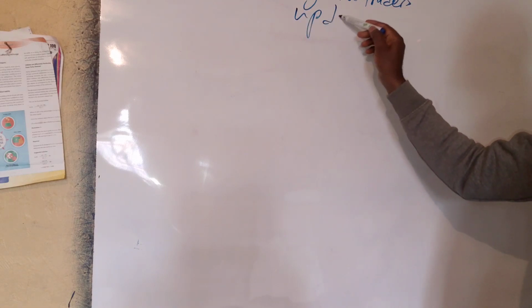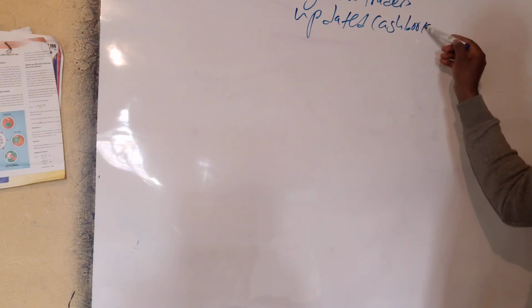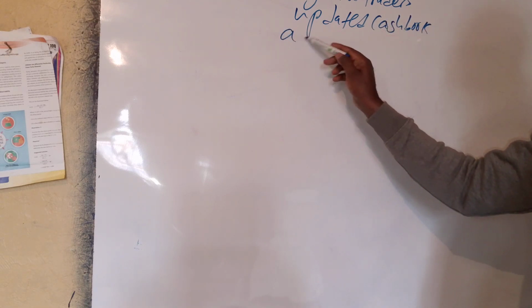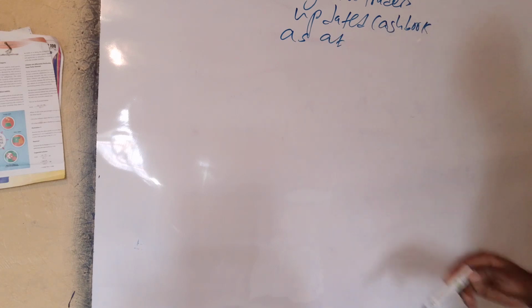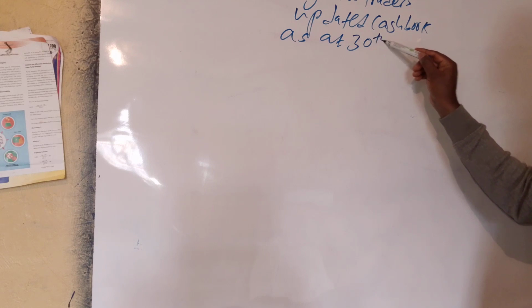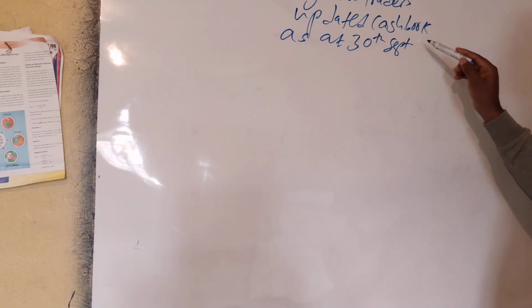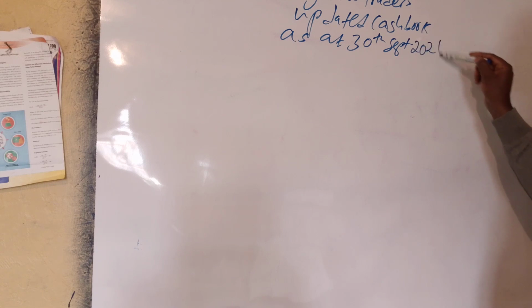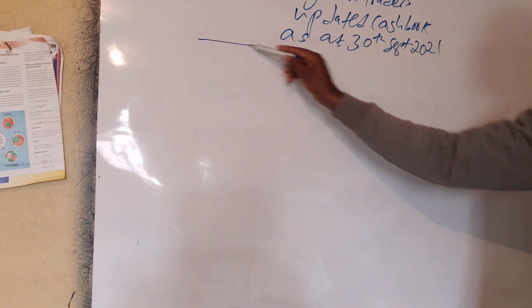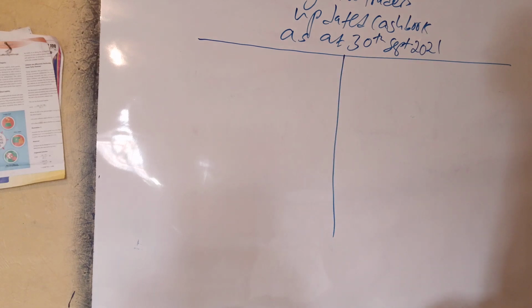This is the updated cash book as at 30th September 2021. We just draw a T account.